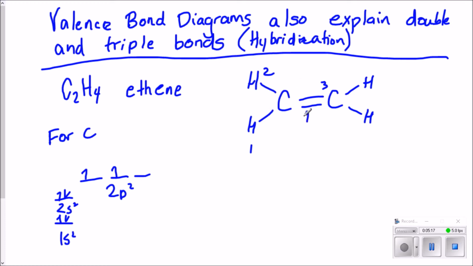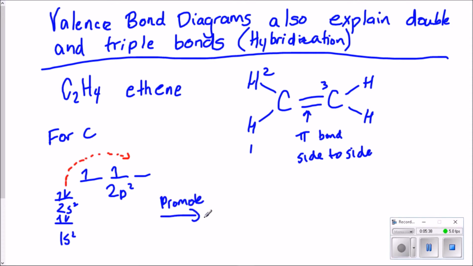So it's 1 between the carbon and hydrogen, a second between the carbon and hydrogen, and then 2 between the 2 carbons. So whenever you have a double bond, that means you have a pi bond and a plain old sigma bond. Now pi bonds are known as side-to-side bonds, and they're going to be made by a half-filled p orbital. So pi bonds happen between p orbitals.